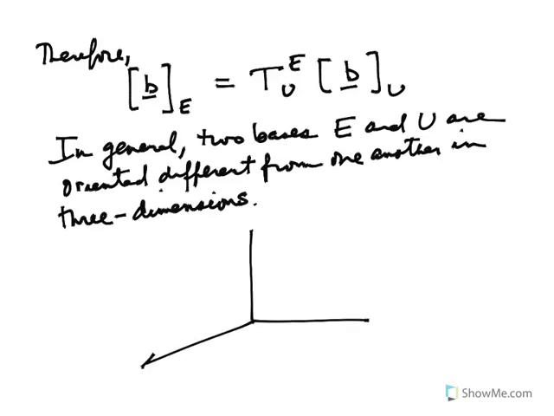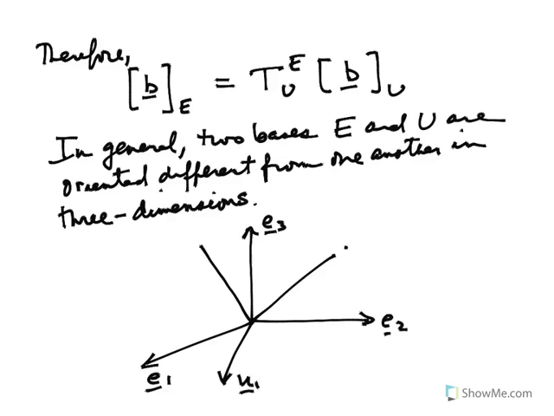So if I think of this first basis as being E1, E2, E3, the second basis, which could be almost anything at this point, has 3 new vectors, which I'm going to call U1, U2, and U3. And I don't know what the orientation of these three vectors U1, U2, and U3 are relative to E1, E2, E3. They could be anything.